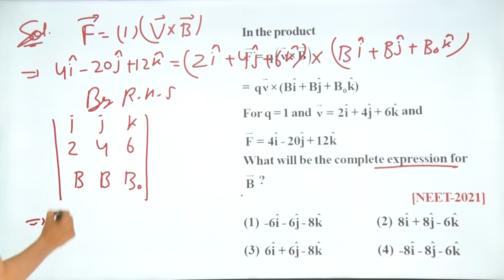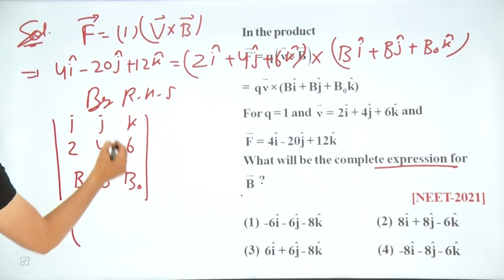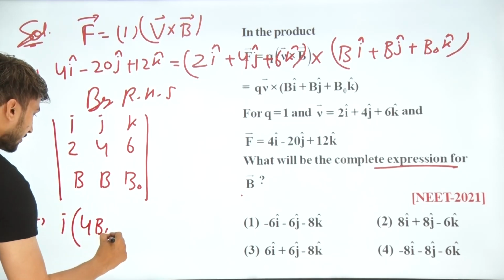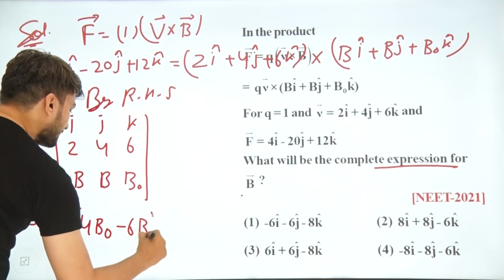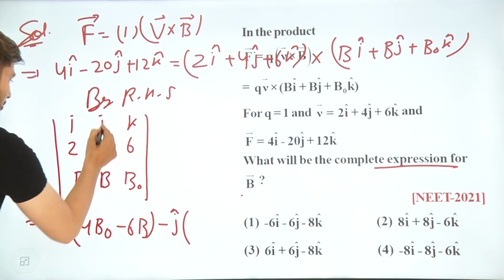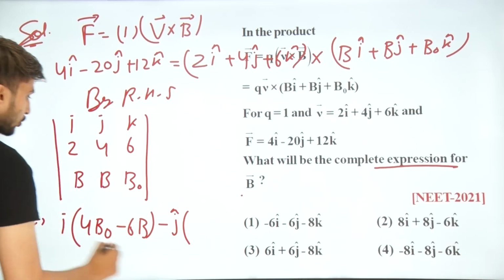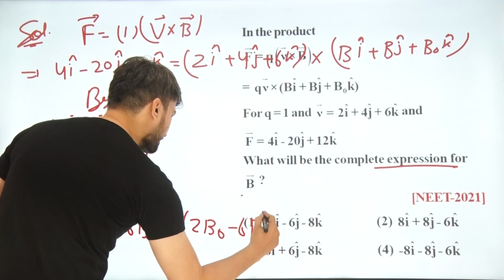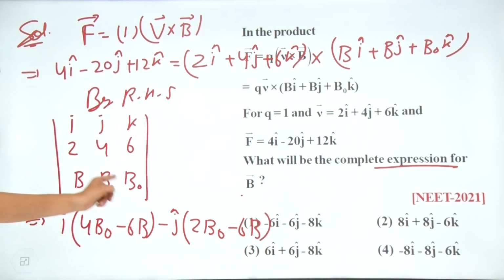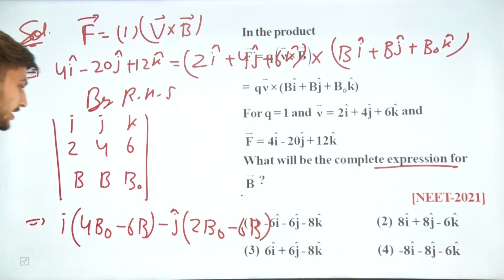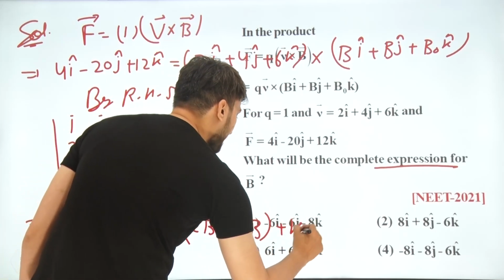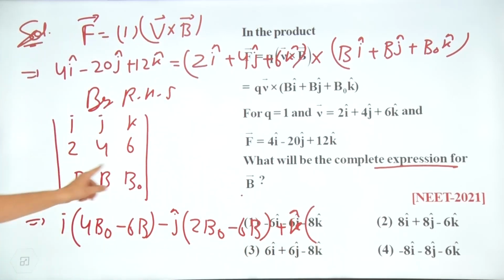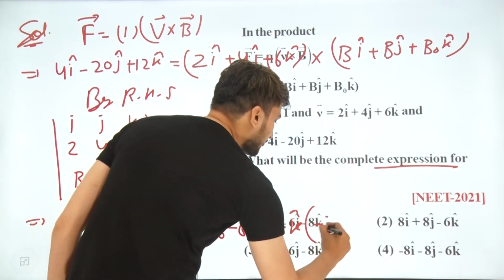Solving that, we get i cap times 4b naught minus 6b, minus j cap times 2b naught minus 6b, plus k cap times 2b minus 4b, that means minus 2b.